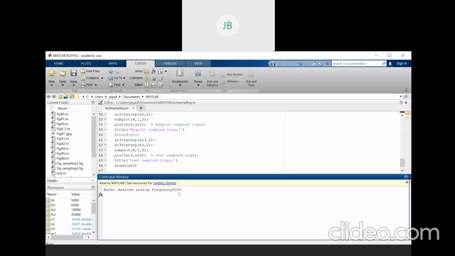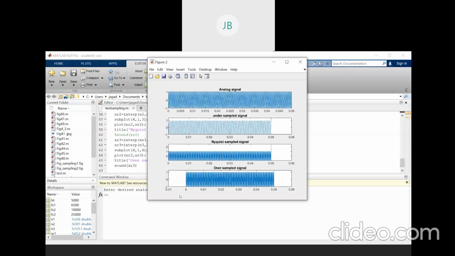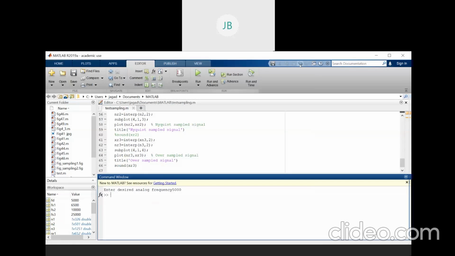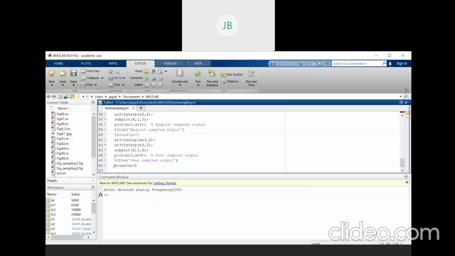Okay, I'm running the code. Again you heard the sound and it's almost similar to the input signal, right? So these are the three cases we investigated, and these are the additional observations. Maybe in your syllabus you don't need to do this, but these are just additional observations using the sound command.